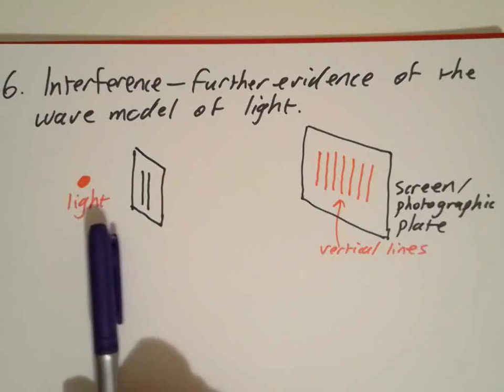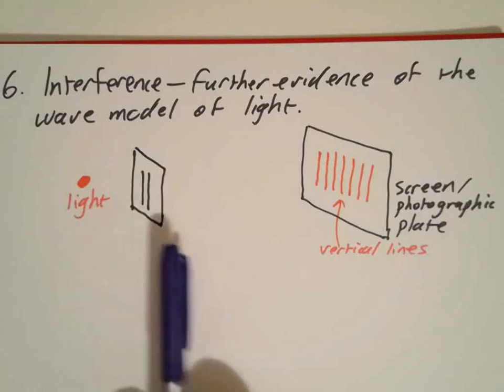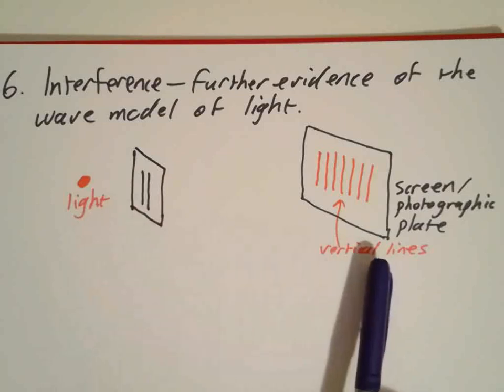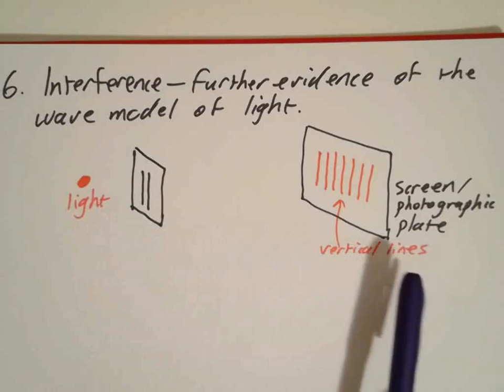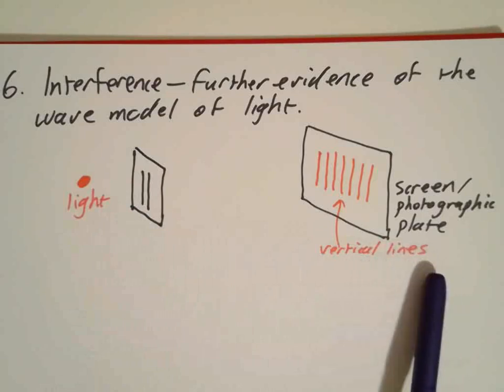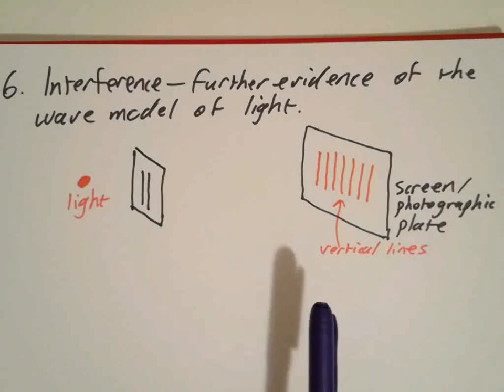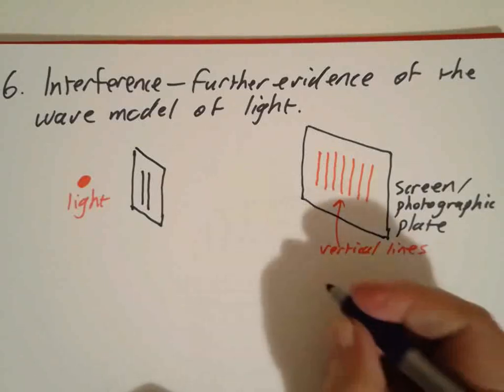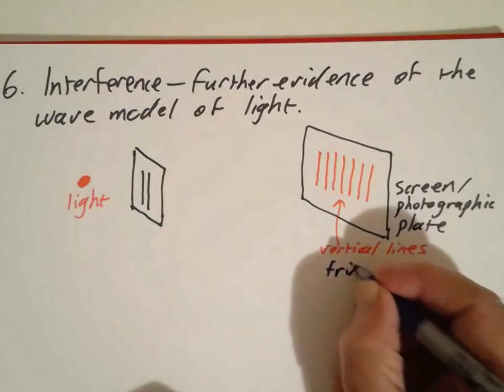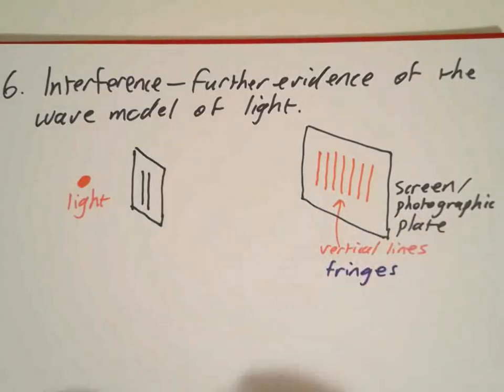So he had a light, 2 narrow vertical slits, and some distance away, like a metre or more, a screen, which in this case was a photographic plate, and on that he found a whole series of vertical lines, and we call those vertical lines fringes. No idea why they're called fringes, it's just the term that's been used.